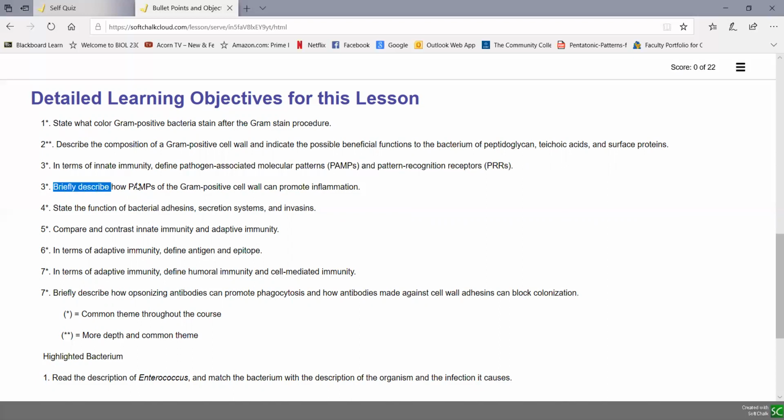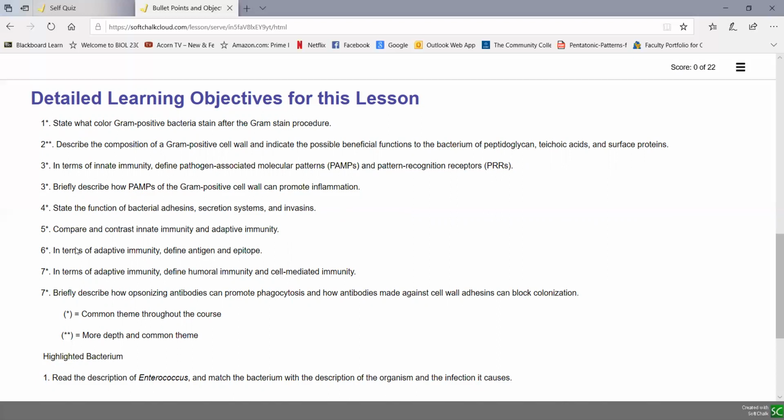Briefly describe how PAMPs, pathogen-associated molecular patterns of the gram-positive cell wall, can promote inflammation. State the function of bacterial adhesins, secretion systems, and invasins. Compare and contrast innate immunity and adaptive immunity in a very general way.